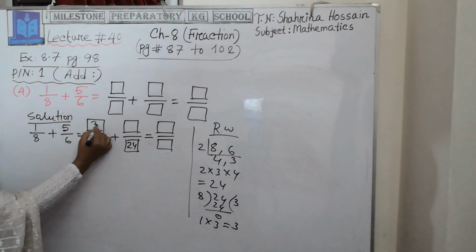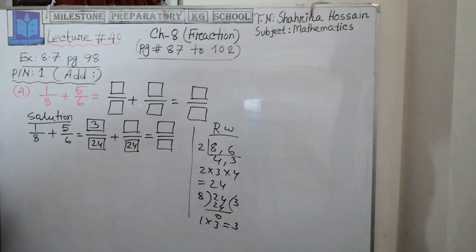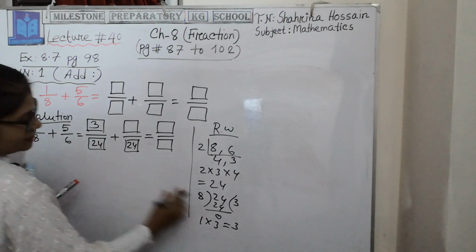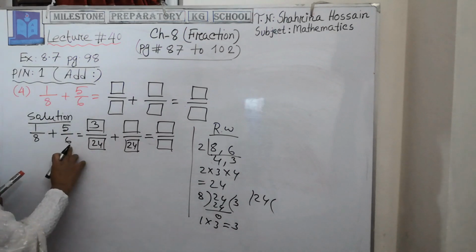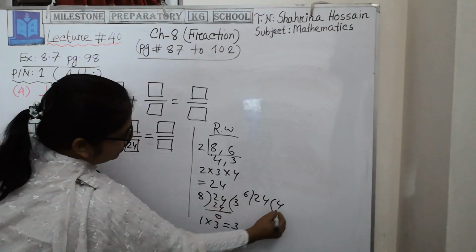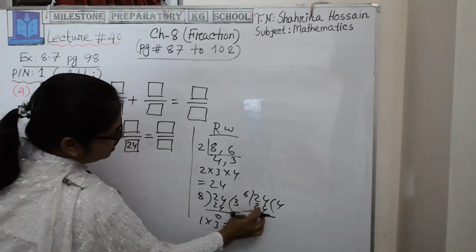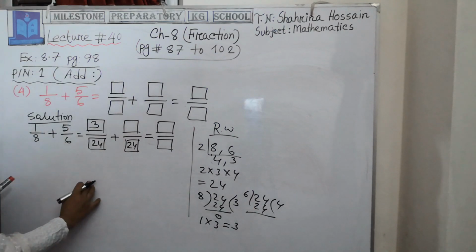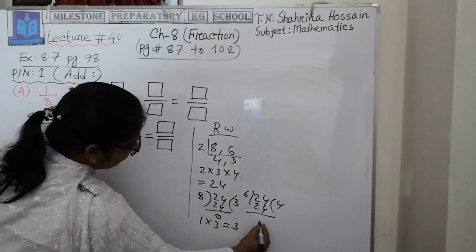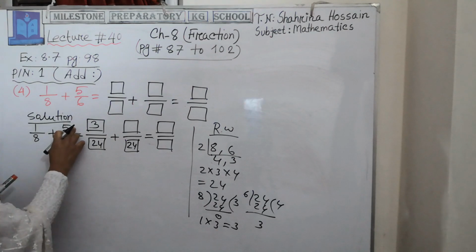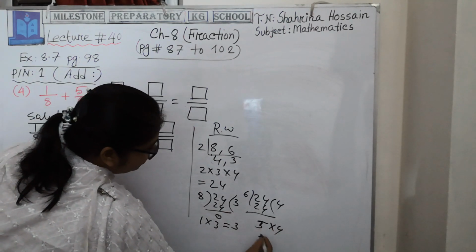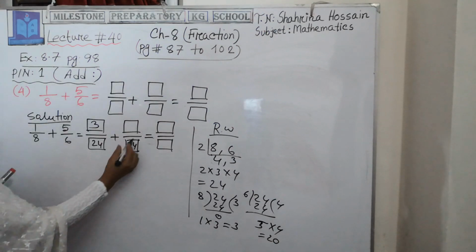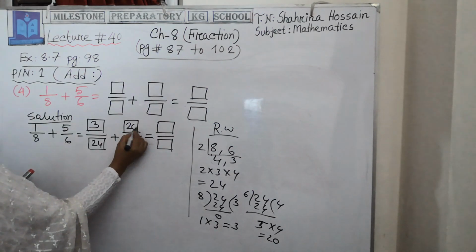That means the upper portion on that side, the numerator there is 3. The same thing here, 24 divided by 6. Okay, 6 4s are 24. Then again we multiply, here is 5 into 4, so the answer is 20.